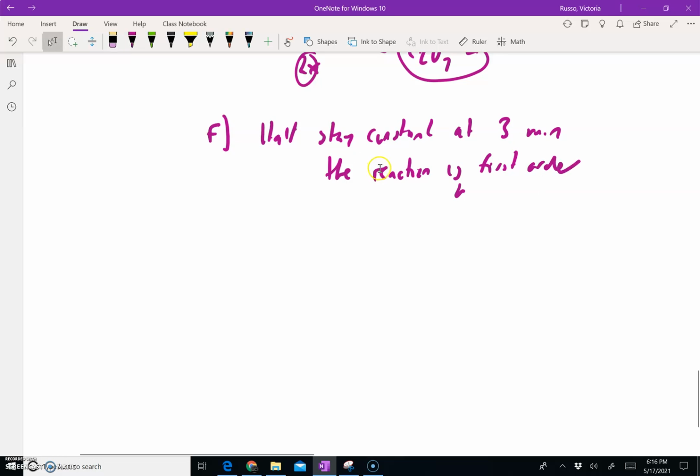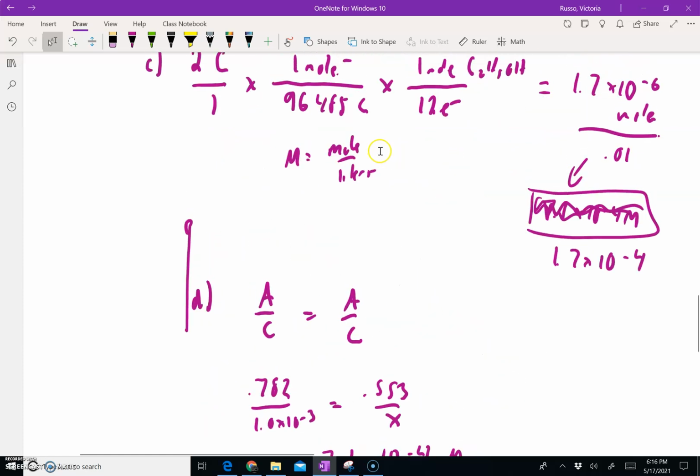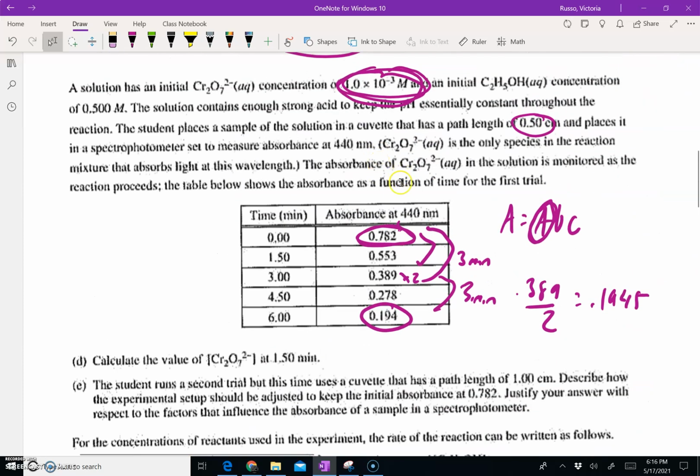Half-life. And again, when you were doing this, you would explain that from 0 to 3, the absorbance halves, and that's just like halving the moles, because it's the moles that are causing the increase in absorbance. And then from 3 to 6, which is also 3 minutes, the absorbance halves again. And since the half-life is constant, the reaction is first order.